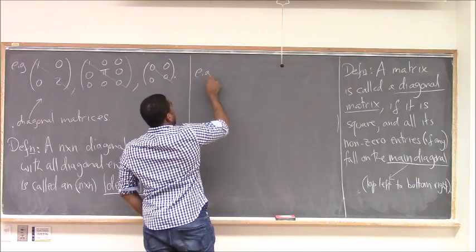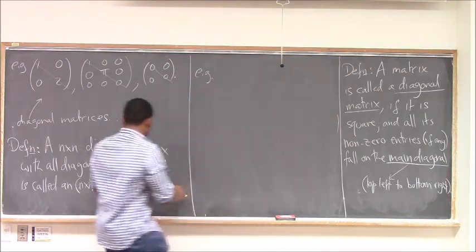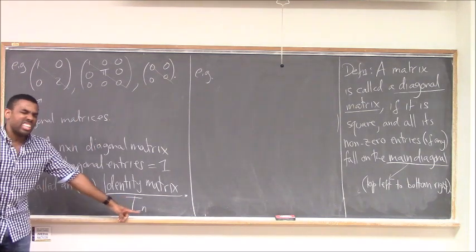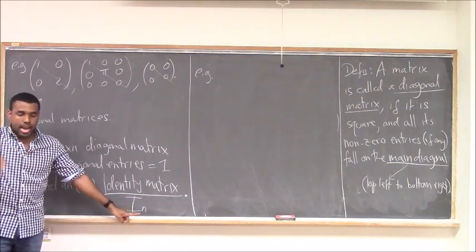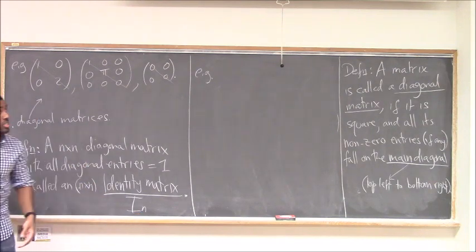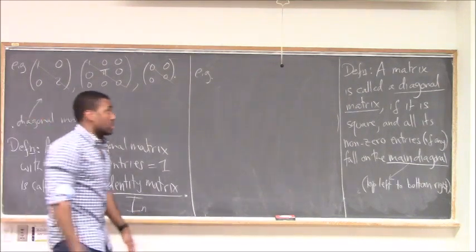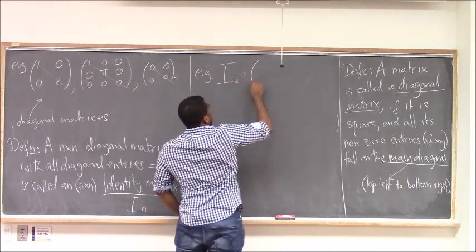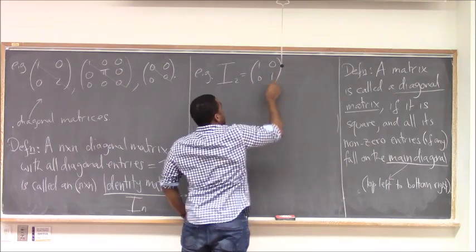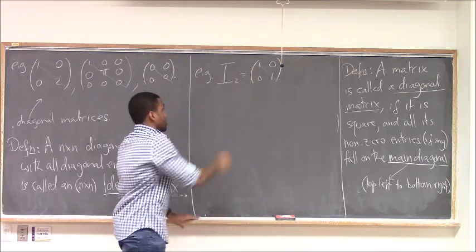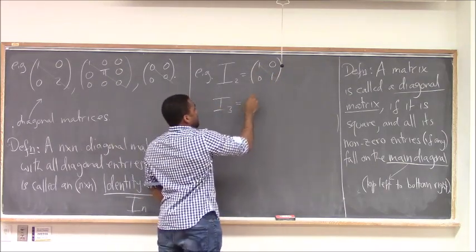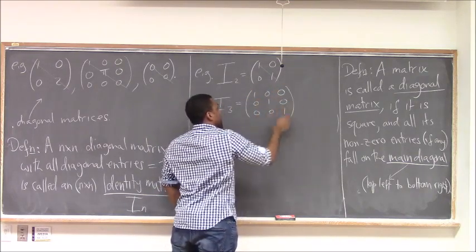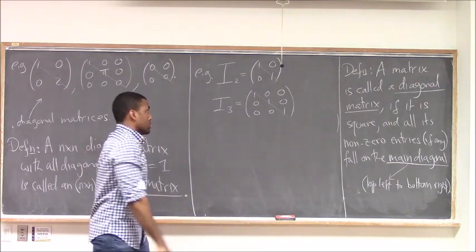So an example here, and the notation for this is I with little n. You can put the little n for emphasis, but usually if you write I, it means identity matrix of the appropriate size. And the appropriate size will be clear from context. So for example, I can talk about I2. That's just the 2 by 2 identity matrix. Notice that on the diagonal, they're all 1s. Or I can talk about I3. This is the 3 by 3 identity matrix. On the diagonal, they're all 1s.